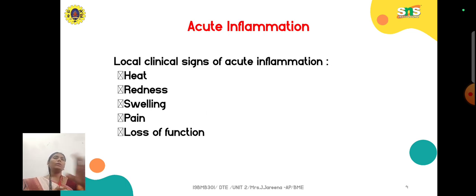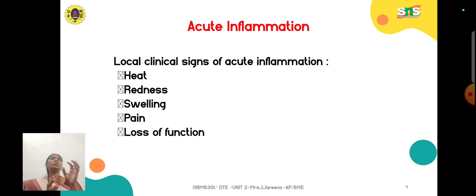The major focus is inflammation. Irrespective of the treatment, if the patient has some sort of injury, whether internal or external, the first symptom the person will have is inflammation.